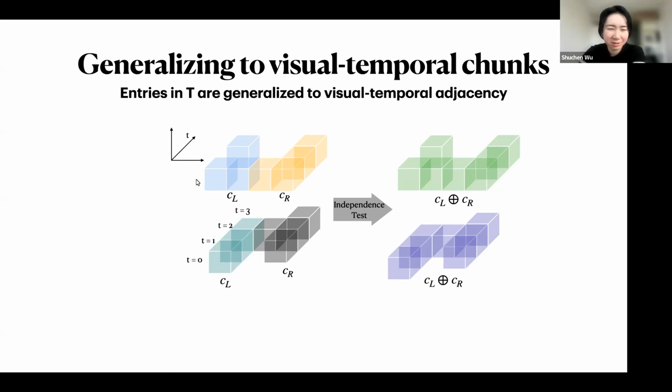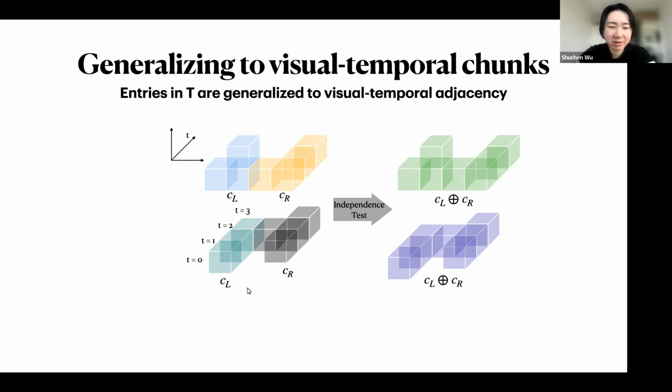So what do these cubes represent? If you see this X and Y plane as one dimension of pixel observation, then this time dimension represents the pixels you observed in each temporal frame.